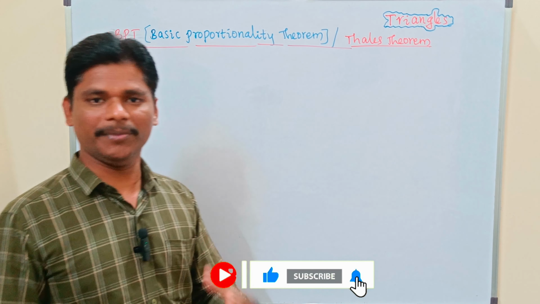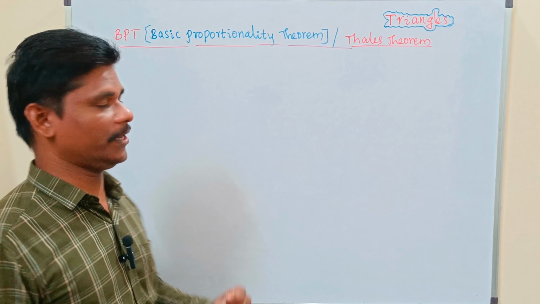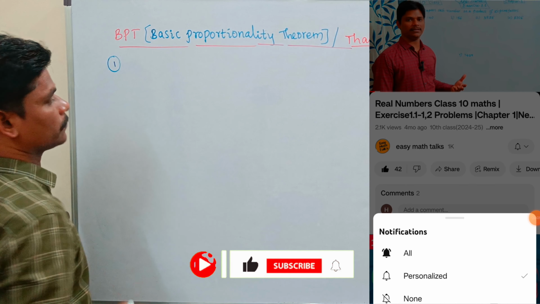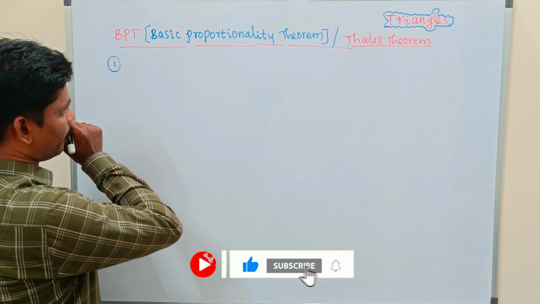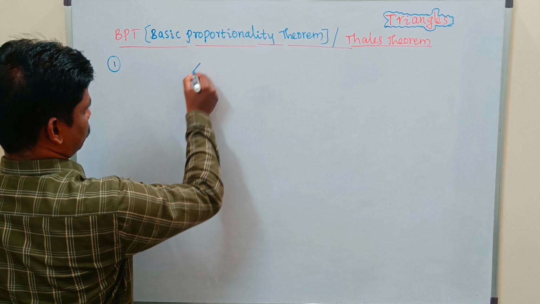So coming to the topic, basic proportionality theorem or Thales theorem. We will discuss some important points. So what are the important points here? Suppose first one, a triangle ABC.